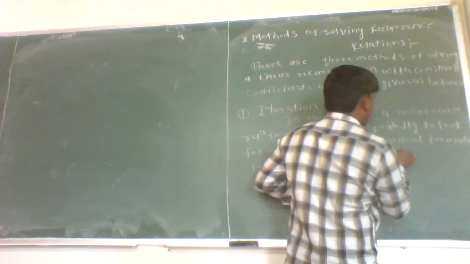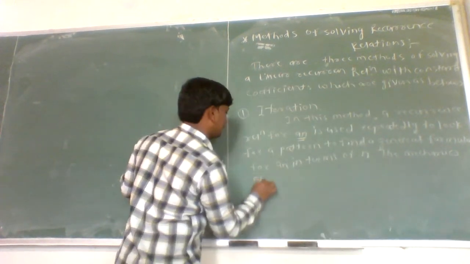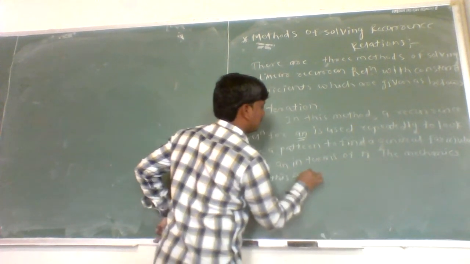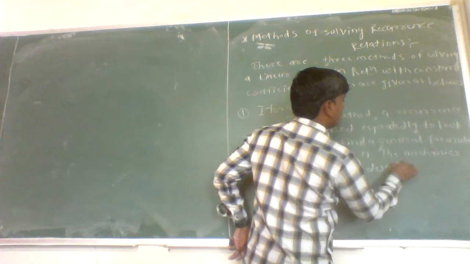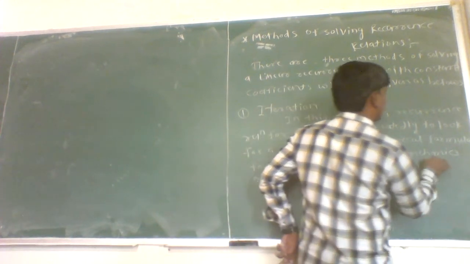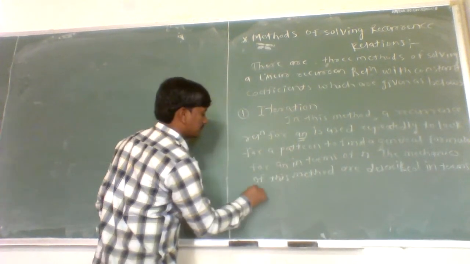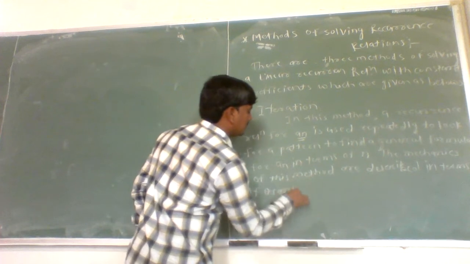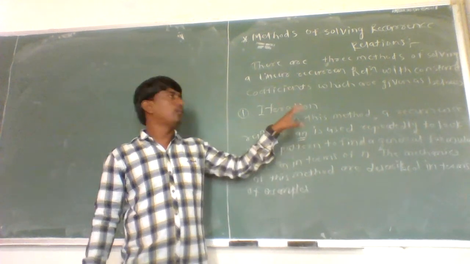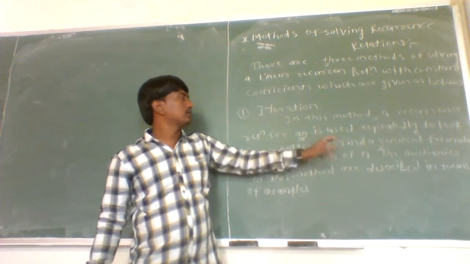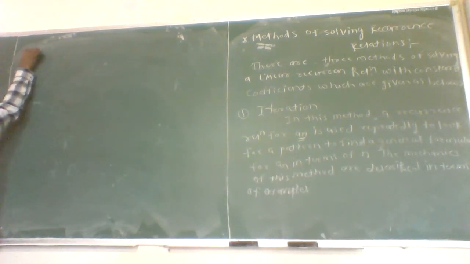So in the iteration method, we use the recurrence relation for this particular term a_n repeatedly to look for a pattern to find a general formula for a_n in terms of n. The mechanics of this method are described in terms of examples, so we can understand this method by giving an example. Here we have to use the formula for a_n repeatedly, and finally we will get the solution for the given recurrence relation, which is in terms of n. Okay, let us see an example.